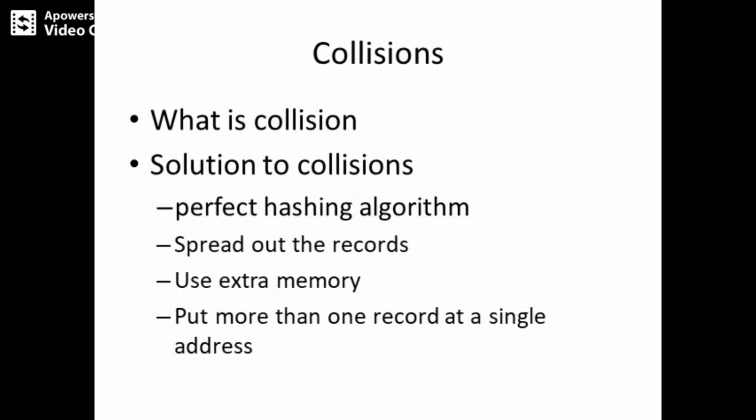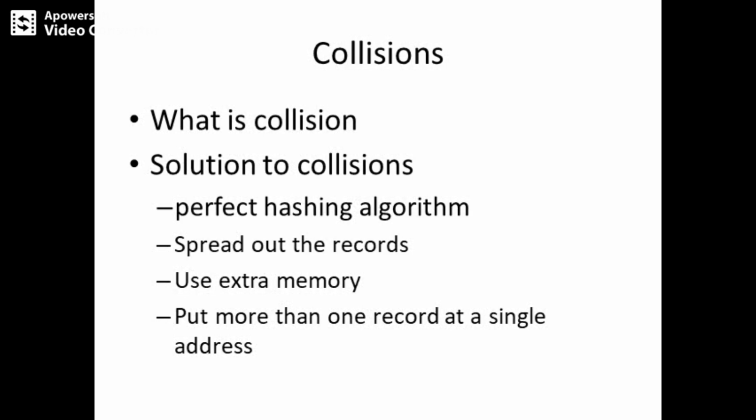LO and LO, if you multiply, you will get the same home address, right? So if you get the same home address, can you store the item at the same address? No, there occurs an overlap, right? So that case we are calling collision.